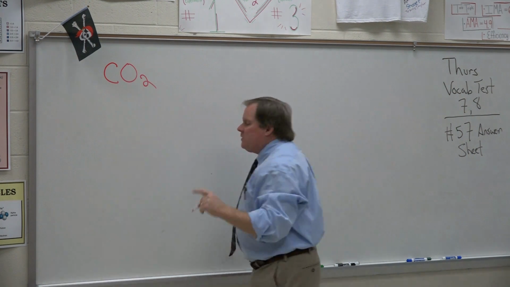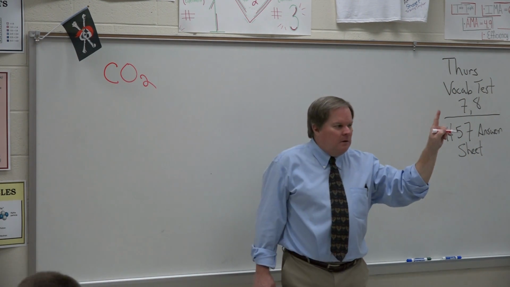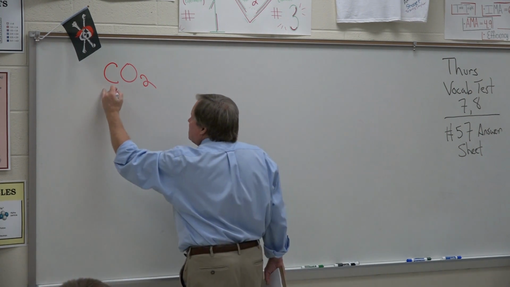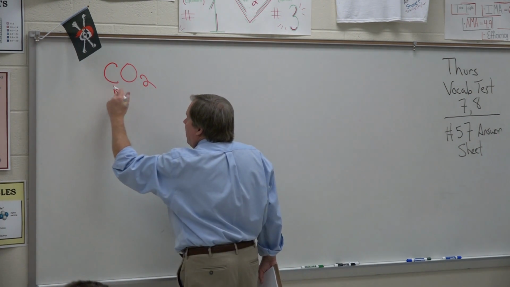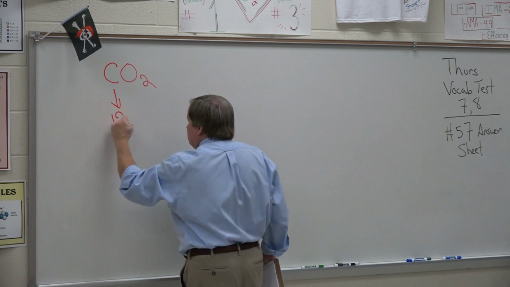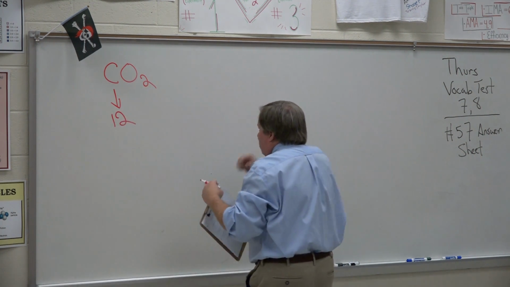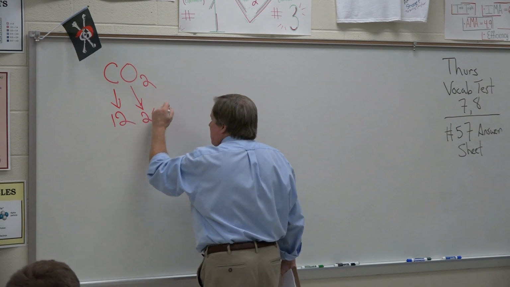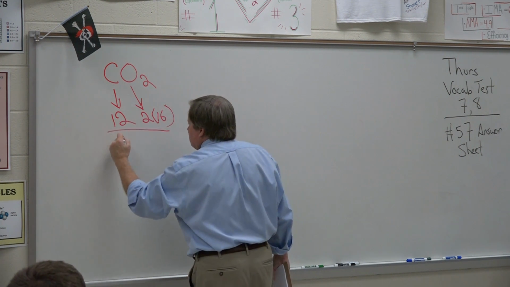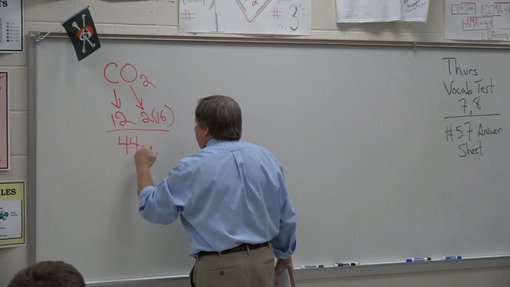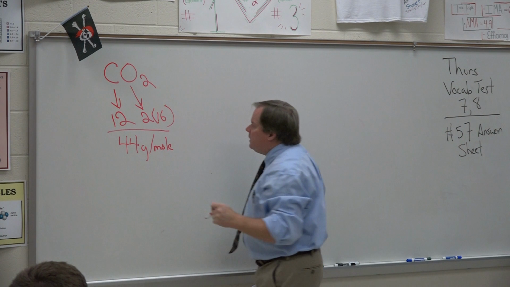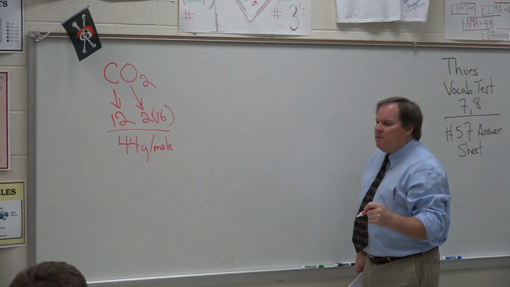CO2, what's my first step? You want to figure out the molar mass. Carbon is 12, oxygen we have 2 at 16, so carbon dioxide is 44 grams per mole all day long.